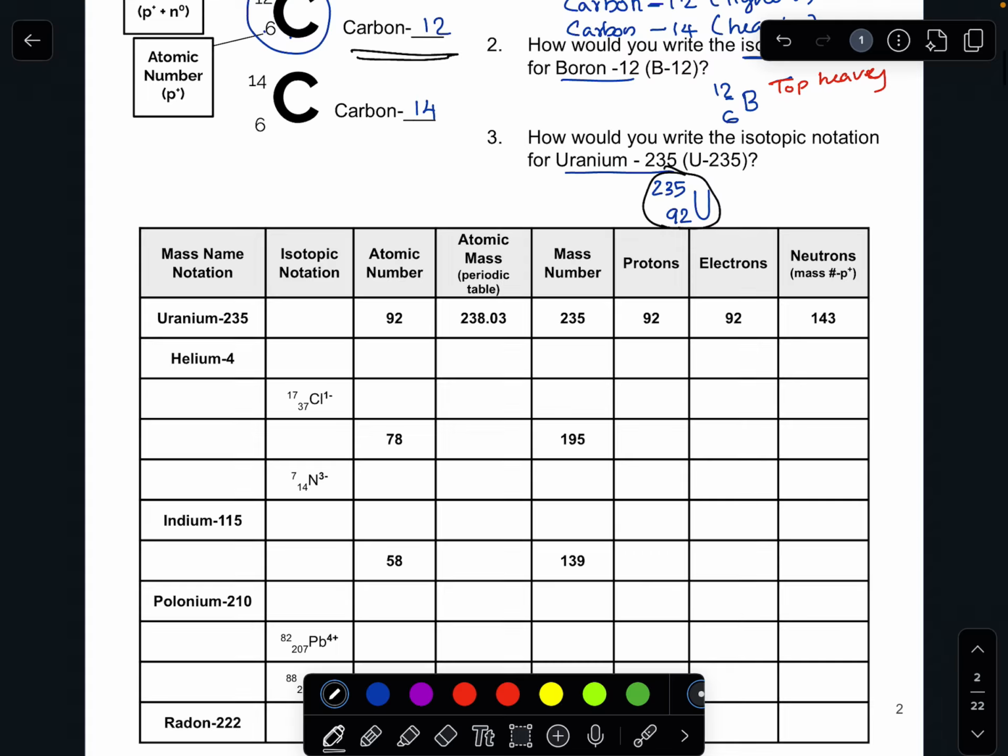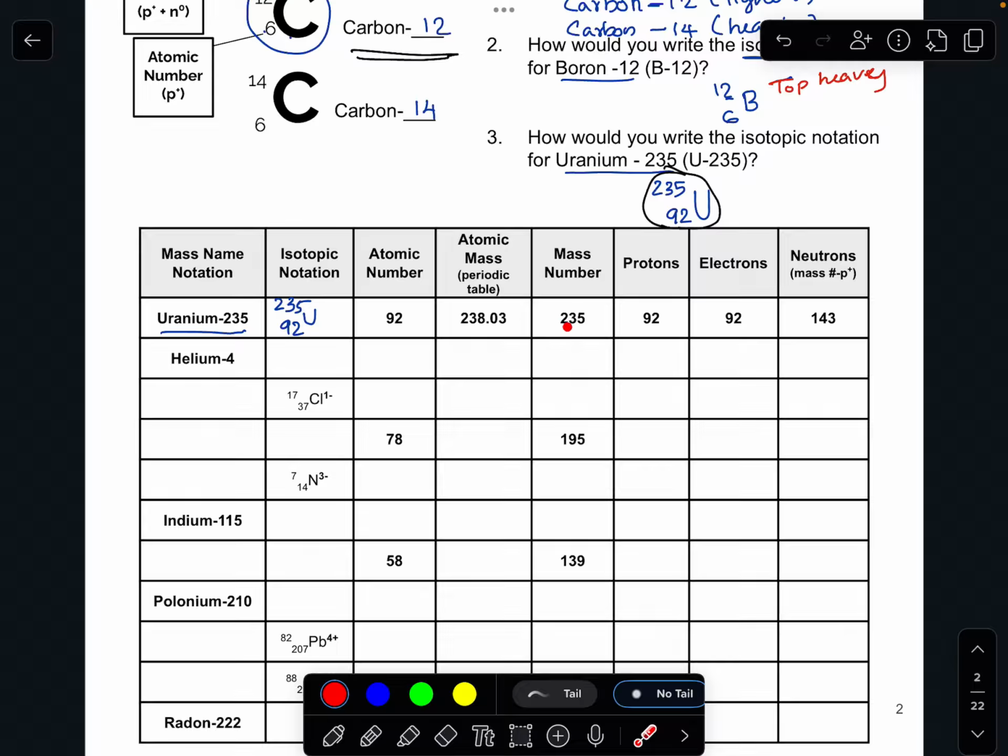Okay, now you have a table. Remember, we did the same table a while ago in unit 2. So here uranium-235 is given. You have to write the notation, so that will be 92 and 235. The bottom number is 92, that is the atomic number, and the top number is the mass number.